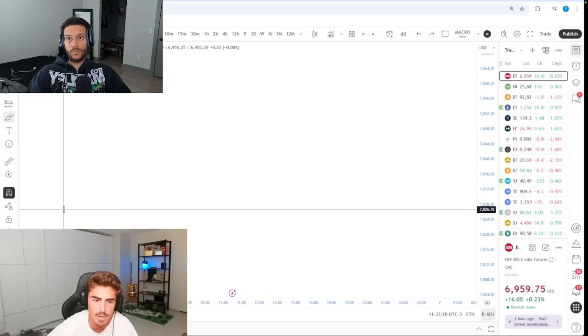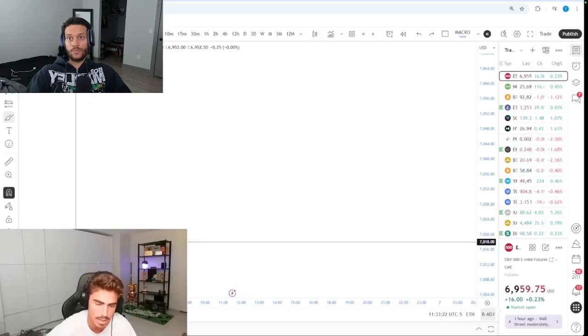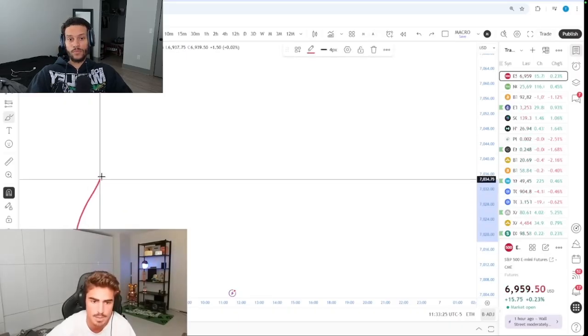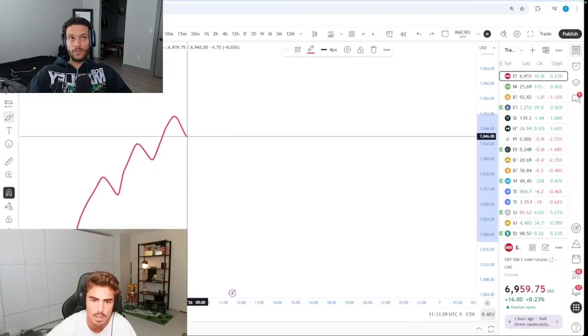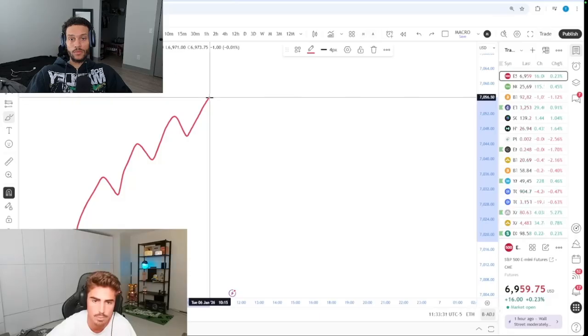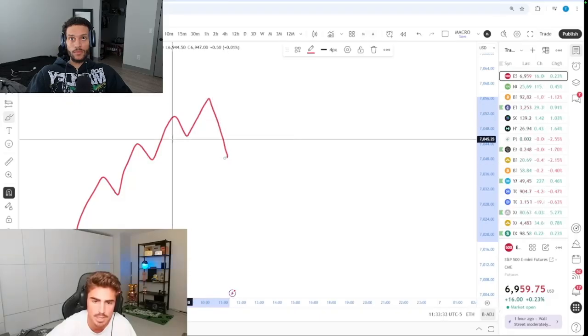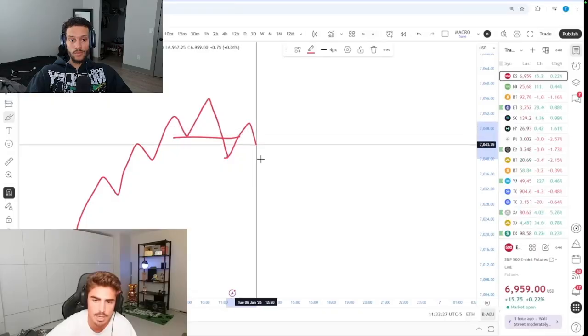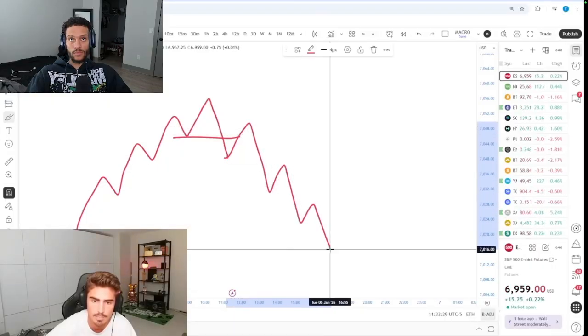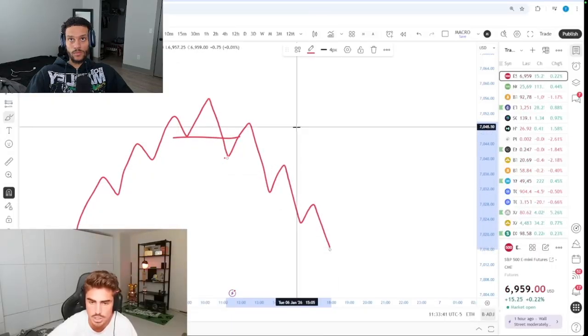So how do we break bullish market structure, or an uptrend? Well, if we're forming higher highs and higher lows, what would be a market structure break? We would have to break underneath the higher low and in turn make a lower low, and then in turn make a lower high, and then boom, that is a market structure shift.